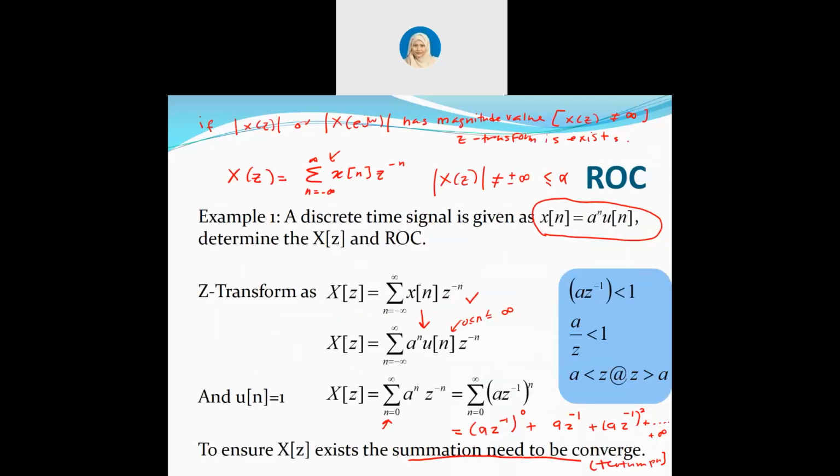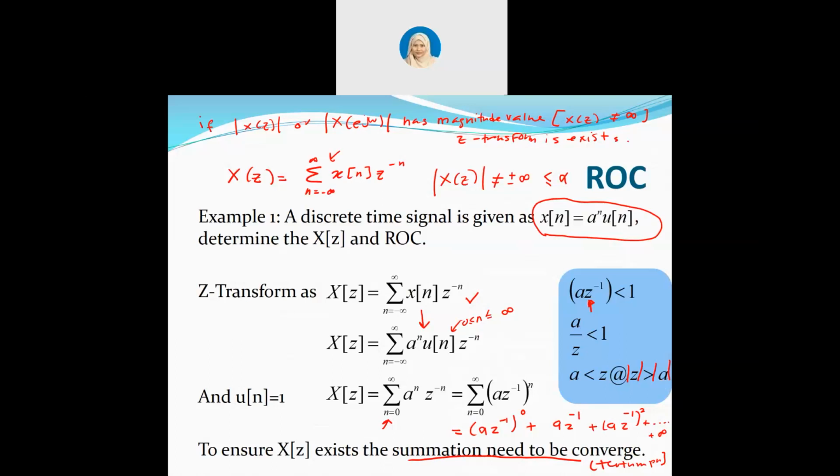While we want to make sure that X(z) exists, our open form solution needs to converge. How do we make it converge? We need to assign the value of z. To make it converge, it must be less than 1, so |a/z| is less than 1. So we find that the value of z must be greater than |a|.